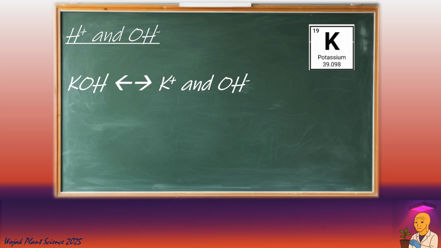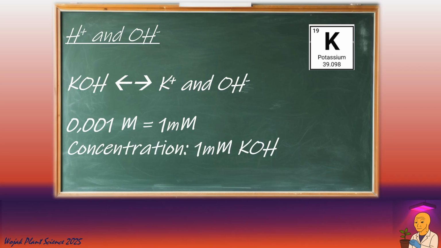So what stays over is K plus and OH minus. And let's say again we have a concentration of 1 millimolar potassium hydroxide in water, in solution. What's the pH of this?